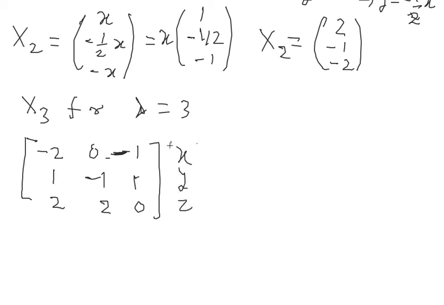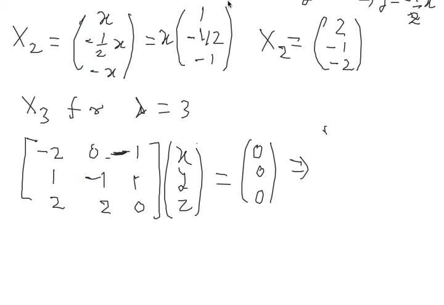As in the cases for lambda equal to 1 and lambda equal to 2, the student has to find the x3 eigenvector. I'm writing it directly and you need to verify it yourself so you can learn better. Using elementary transformations, you get x equal to minus y, and x equal to minus half of z.